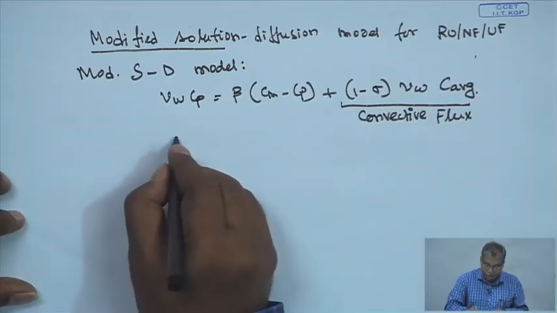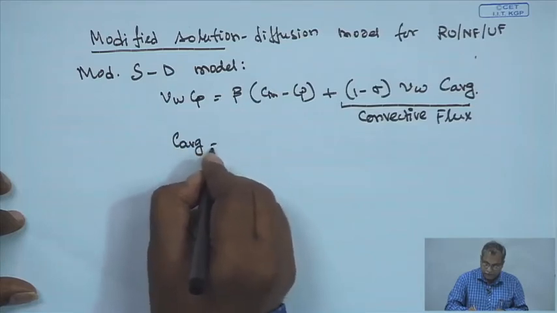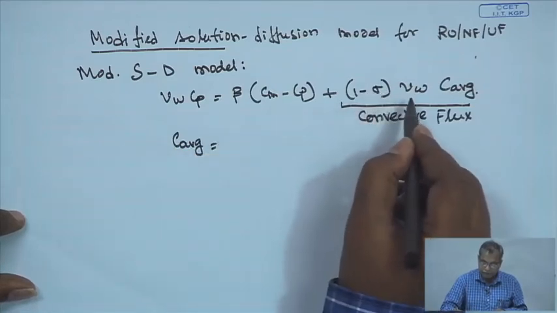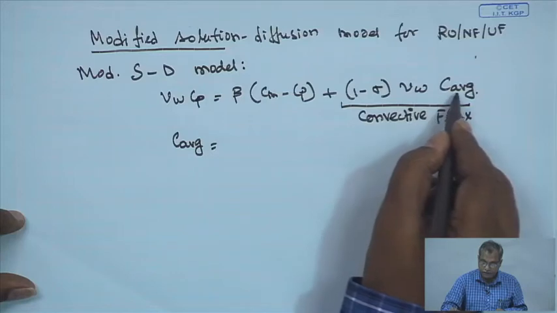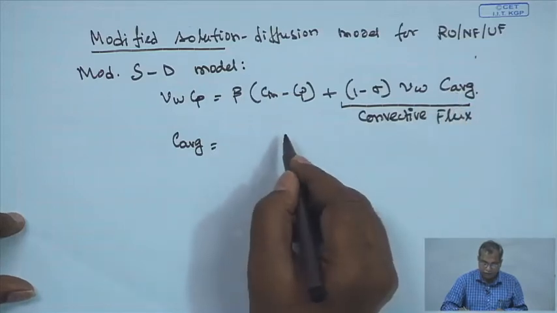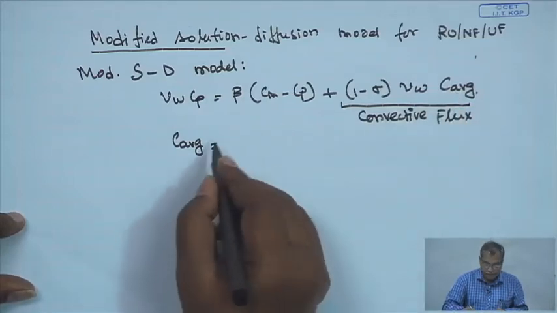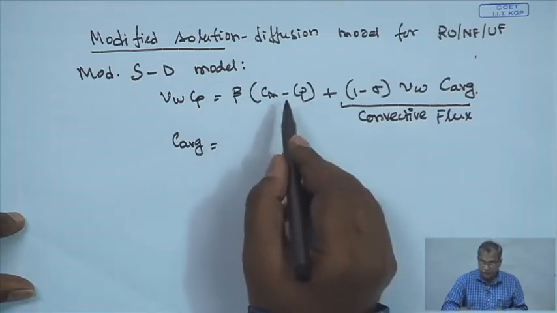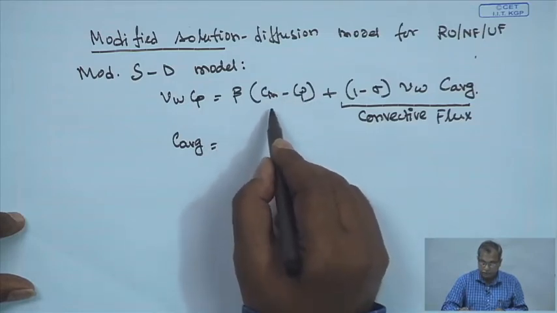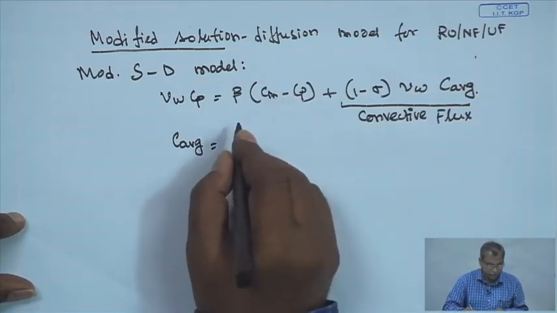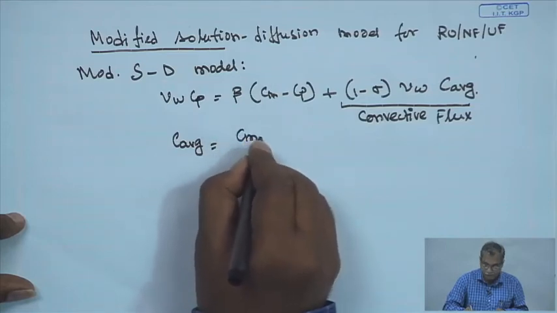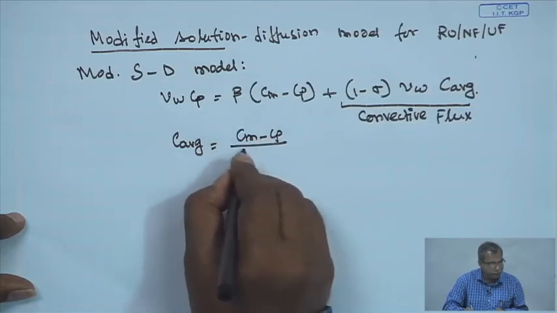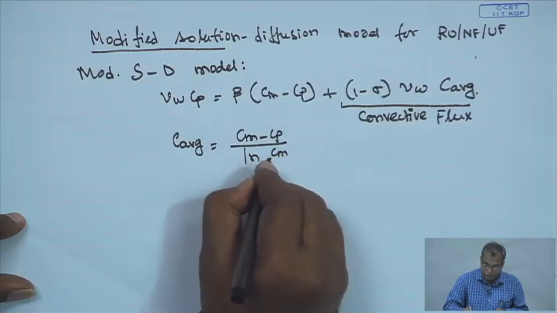And what is C average? Sigma is the reflection coefficient, Vw is the permeate flux, C average is the average solute concentration in the membrane matrix, and C average is basically a log mean concentration difference between the Cm and Cp. So, it will be (Cm minus Cp) divided by ln (Cm divided by Cp).